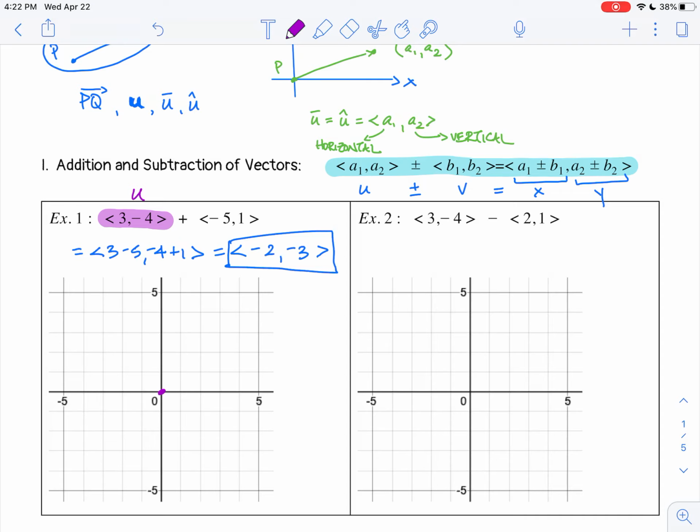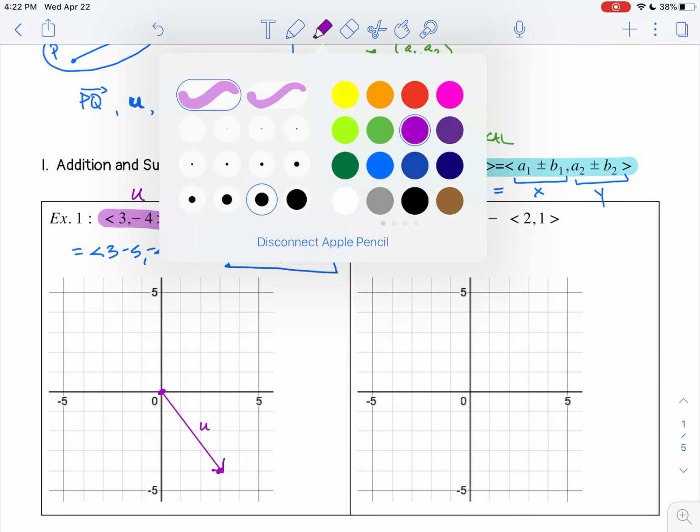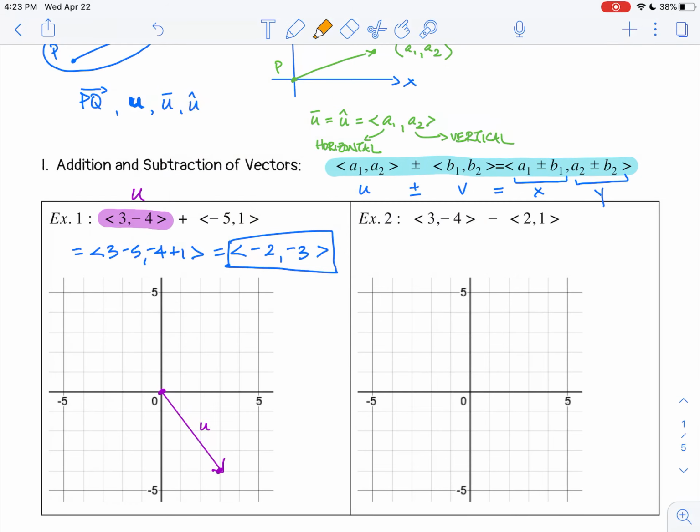I'm going to go 3 units to the right and 4 units down. And when I connect these two, that will give me vector u. Okay. Now, let's take a look at the second vector. We'll go with orange.